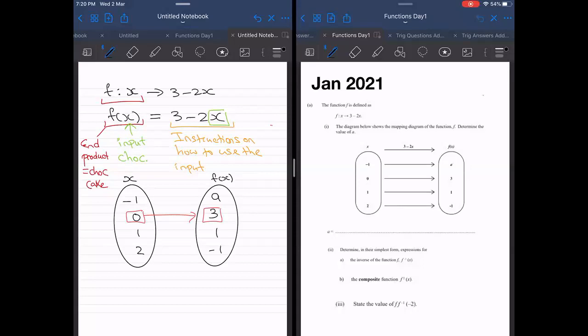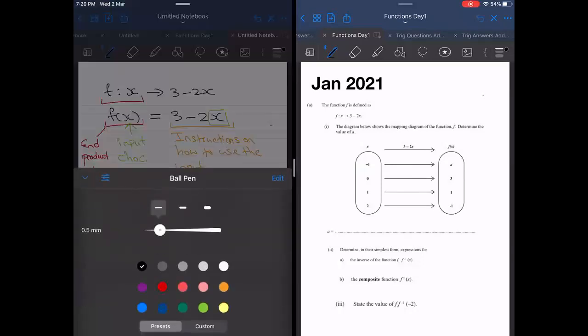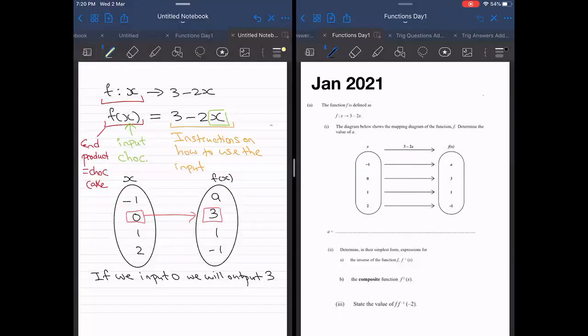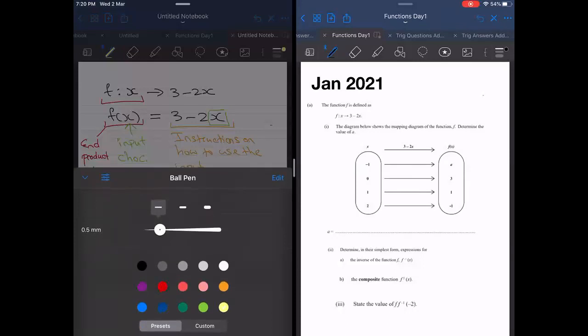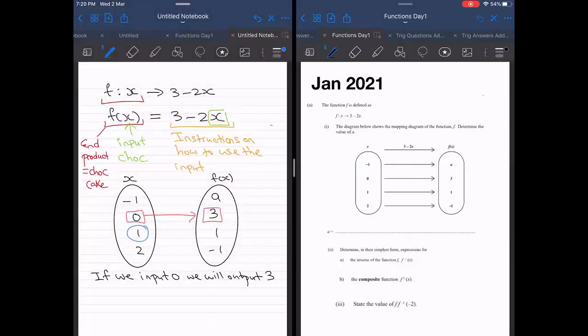So when you see the 0, it is telling us that if we input 0, we will output 3, right? So if you input vanilla, you're going to get out a vanilla cake. That's how you read it. It's also saying, if you input 1, you get out 1.